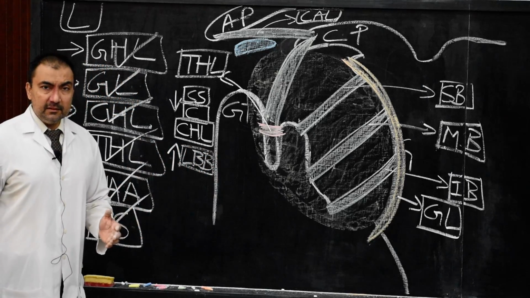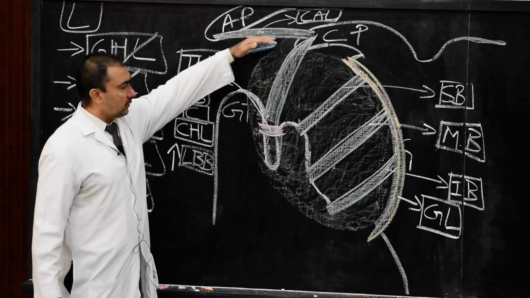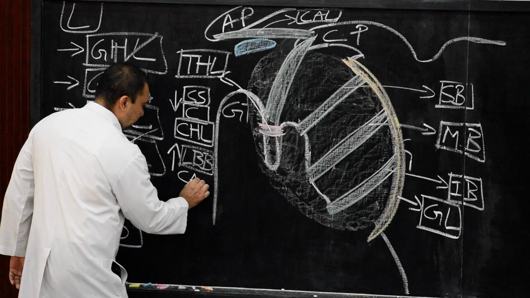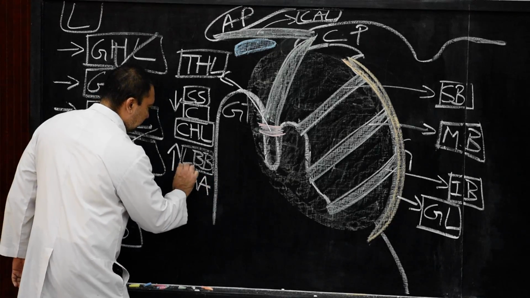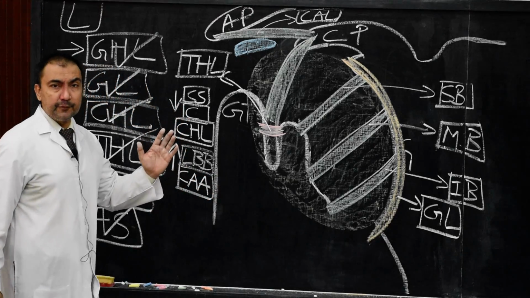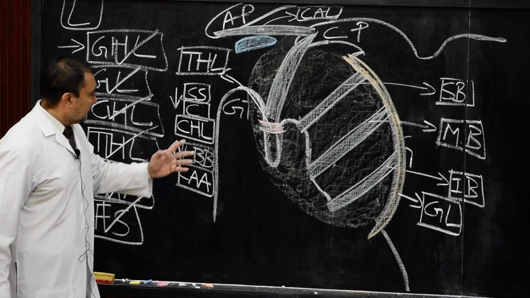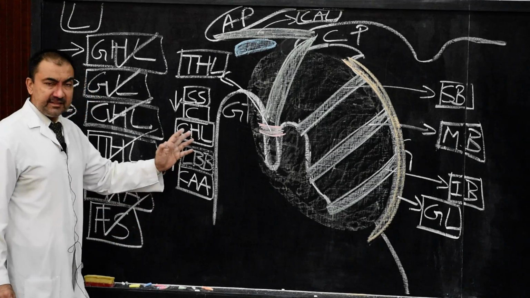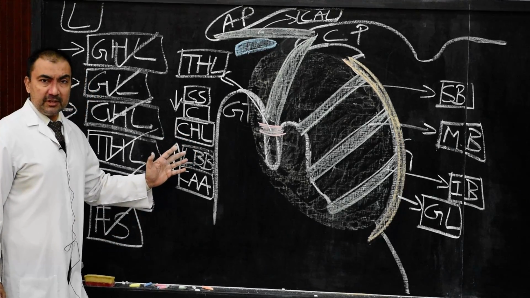Along with that, there is the coracoacromial arch, which will also prevent the upward dislocation of the head of humerus. So these are the two important points in the factors providing stability to the shoulder joint.